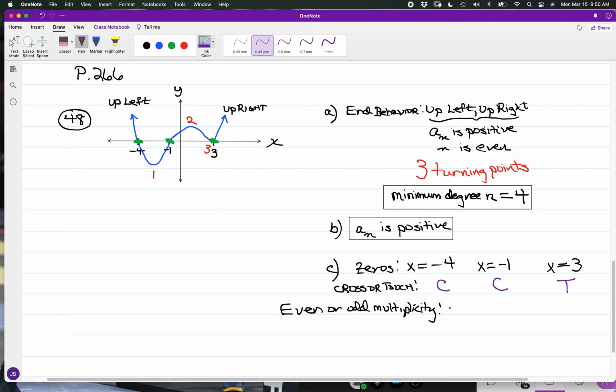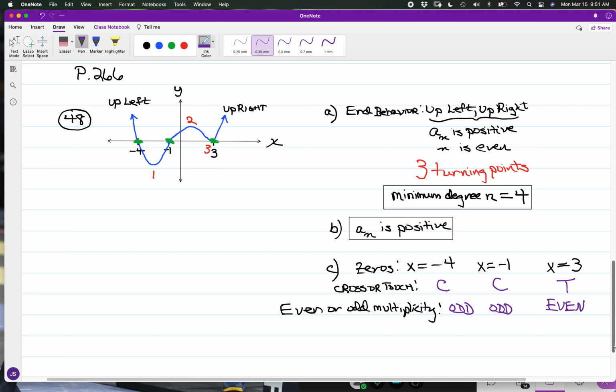So -4 is going to be of odd multiplicity. And -1 is also going to be of odd multiplicity. And 3, since the graph touches, is going to be of even multiplicity. So this is what we have, looking at the visual parameters for the graph in problem 48.